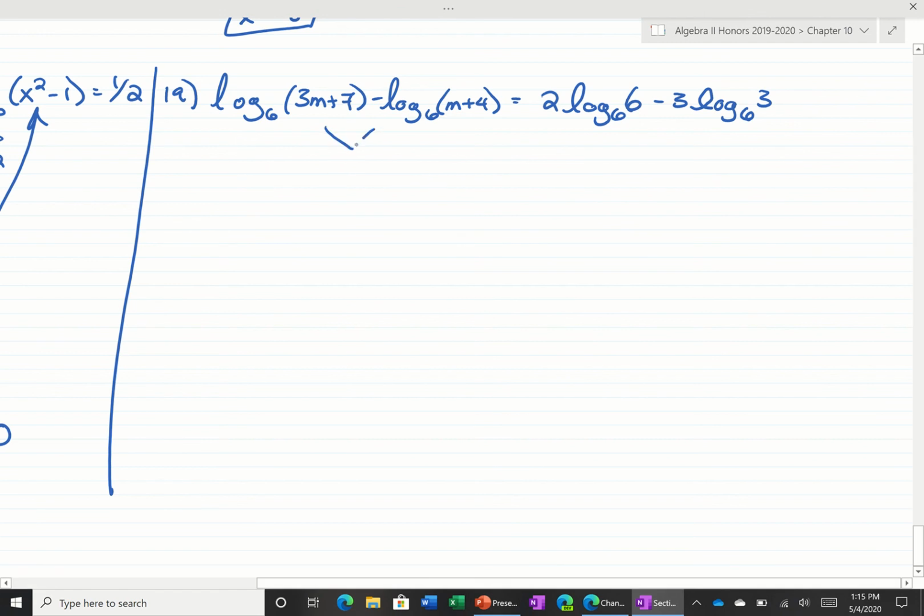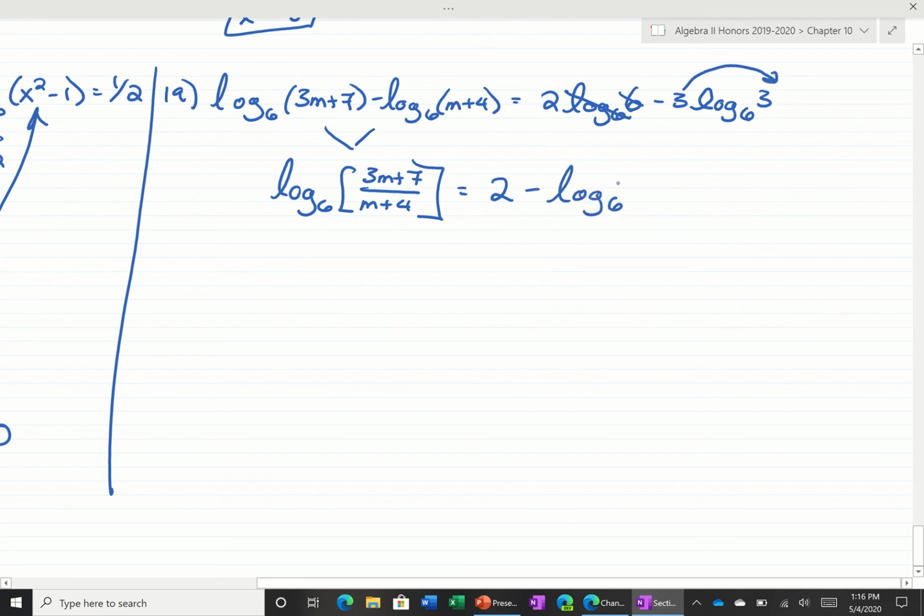I'm going to use the quotient property on this side: log base 6 of (3m + 7)/(m + 4). On the right side, I see that this is an inverse property, so we're just left with 2. And then we could use the power property and bring that 3 up: log base 6 of 3 to the third is 27.